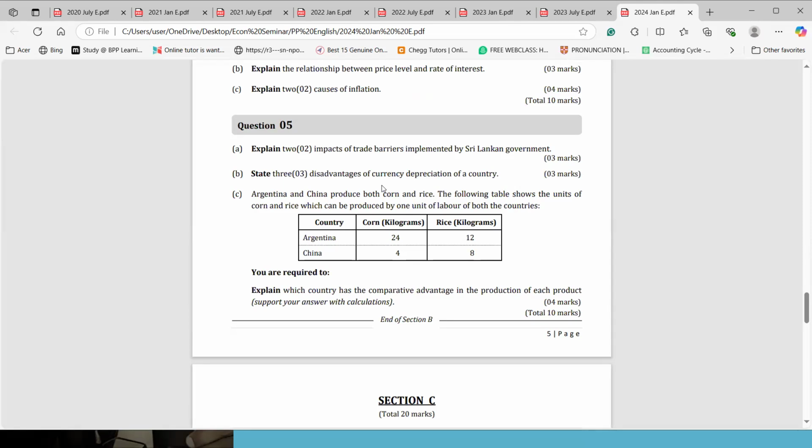Now it is depreciation. Depreciation, you can remember, that is also a decrease in value, but it is not purposely decreasing. Now, a decrease in value as a result of an increase in demand for currency and a decrease in supply of currency. You have to explain that, even with the illustration. Right. Let's move on to the next part.